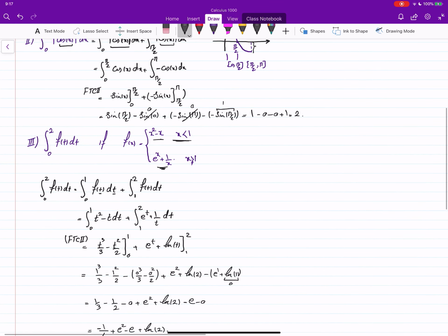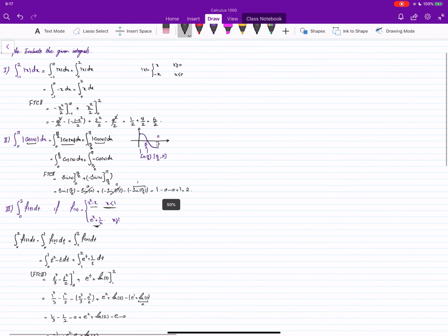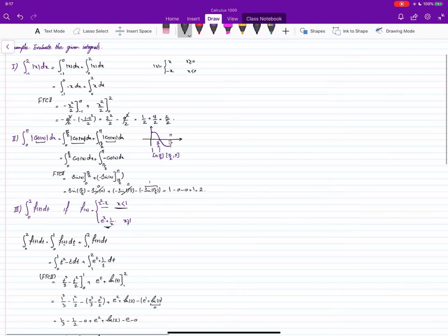So as you saw in all these examples, when the function is piecewise defined, we first use the property of definite integrals, break it into small pieces such that on each piece we have one definition, one formula for the function, and then apply the fundamental theorem of calculus.